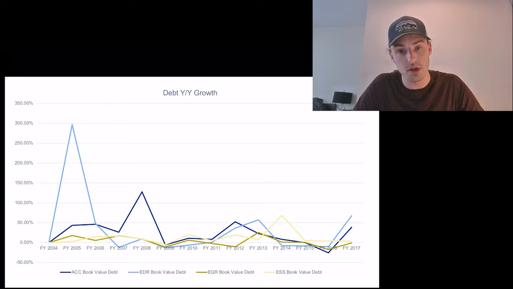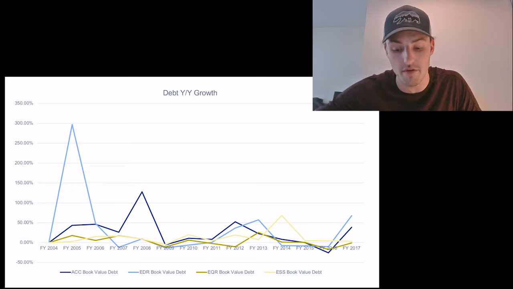Then after the liquidity freeze, when financial markets pick up again, you can obviously relever.